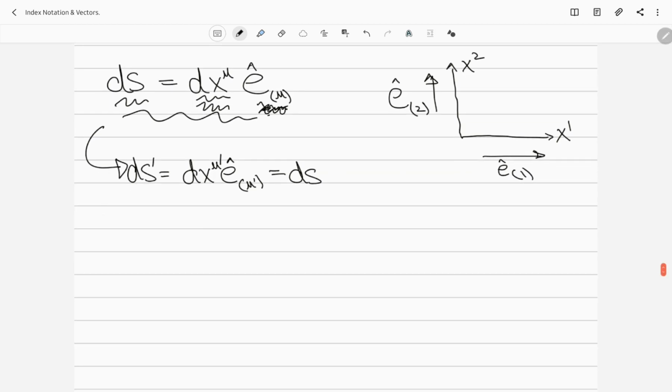So from this we can write that dx^μ', because we are transforming this differential, is lambda^μ'_μ dx^μ.